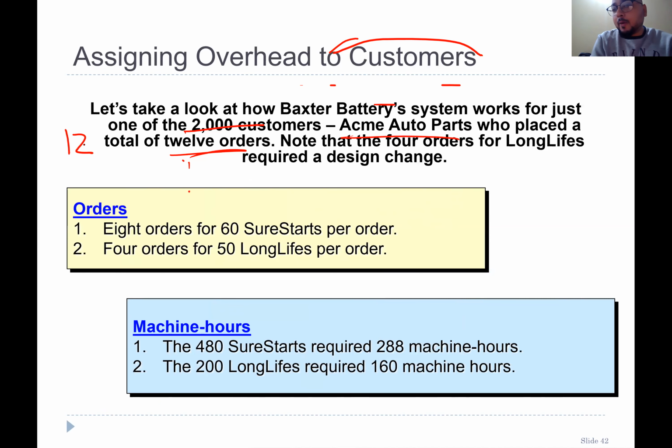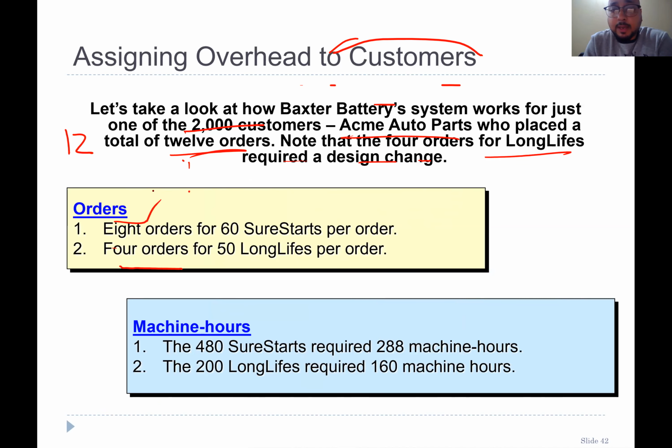Note that 4 orders for long life require a design change, which means if we categorize into long life and short start, 4 orders belong to long life, so 8 orders belong to short start.